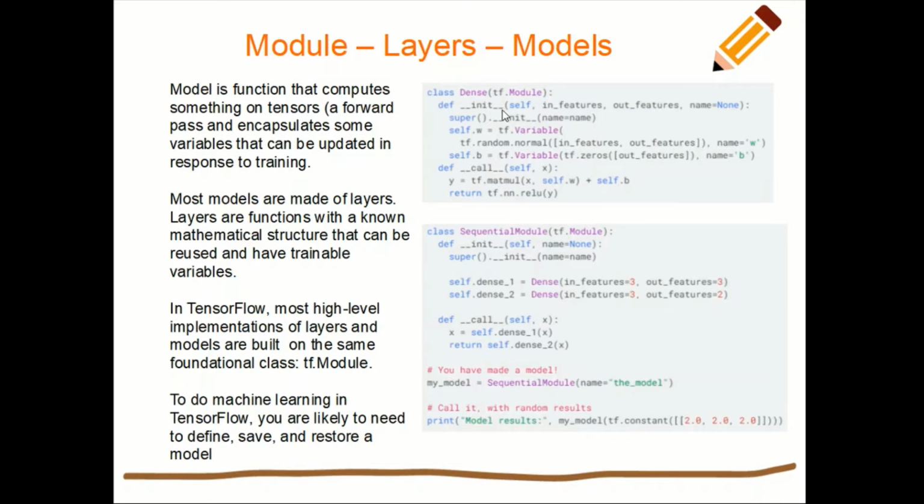But obviously instead of this dense layer, we can have different types of layers. For example, if we are doing image classification, we can use layers like convolution layers. If we are trying to predict the next word in a sentence, we can use something like an RNN or an LSTM layer.